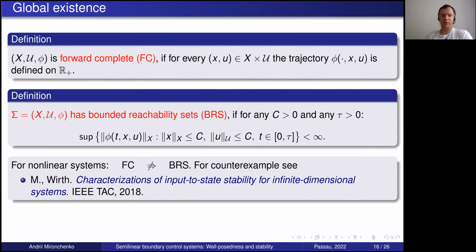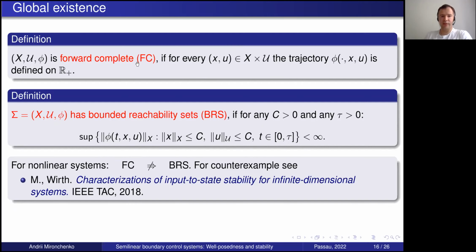We can do a bit more also. We say that the system is forward complete if the trajectory is global for all initial conditions and all inputs. And we say that the system has bounded reachability sets if, when the initial state is bounded, u is uniformly bounded, and t is in a bounded set, then the corresponding reachability set is bounded as well.